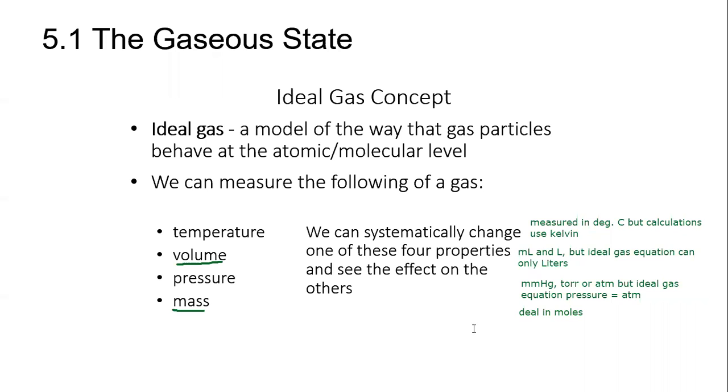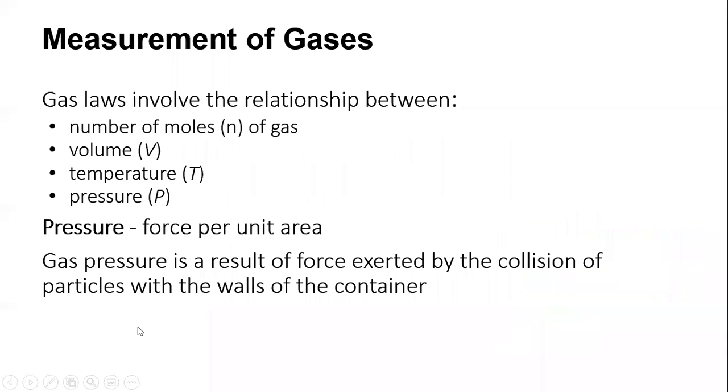So we're going to see how they're interdependent on each other. And so we'll be looking at the different relationships between moles of gas and volume, for example, volume and temperature, pressure and volume, and see how all of these relate to one another.